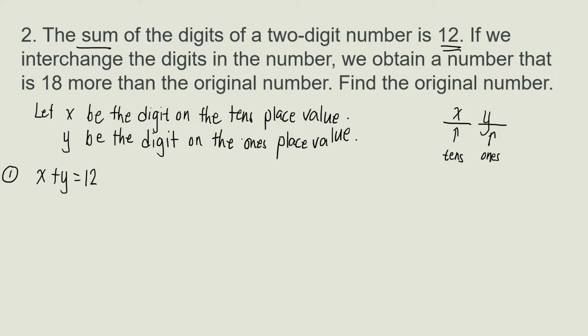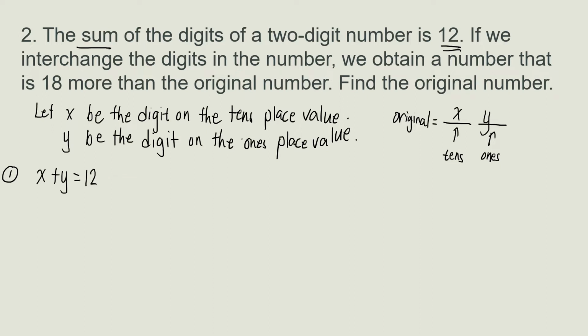Okay, now let's write another equation. Let's continue reading. Let's have the second sentence. If we interchange the digits in the number, we obtain a number that is 18 more than the original number. So this is your original number, the xy, right?